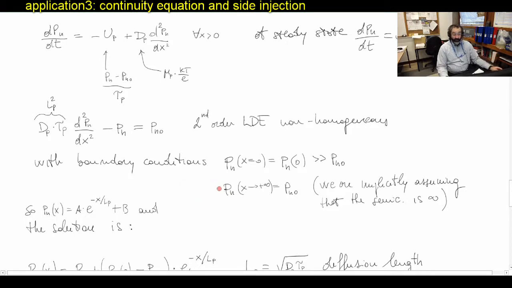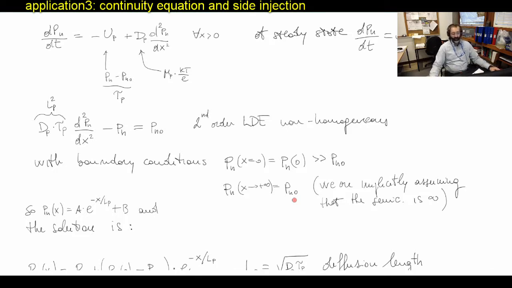On the other hand, if we are using an infinite semiconductor, when x goes to infinity, eventually Pn takes the values of thermodynamic equilibrium, because we are so far from the injecting surface that no change is really taking place there. So this is also a quite reasonable boundary condition to take.